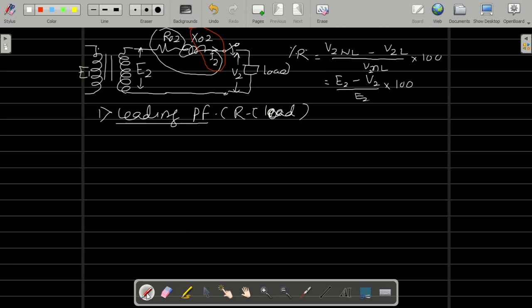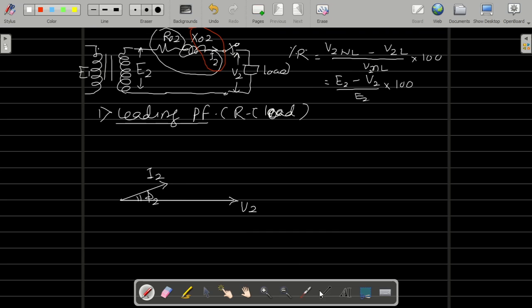So you can take V as a reference. That is the secondary terminal voltage V2, which I am taking as the reference. Next is I2. I2 will lead V2 by an angle of phi 2. So this is the leading power factor load.